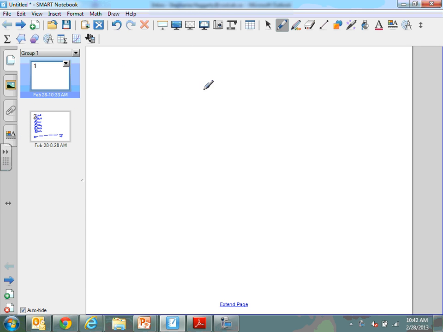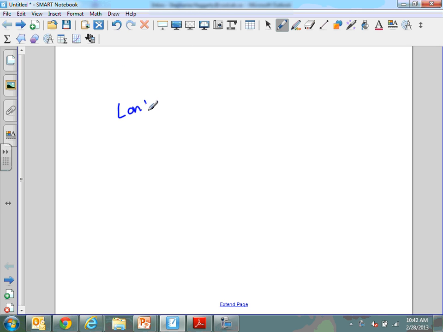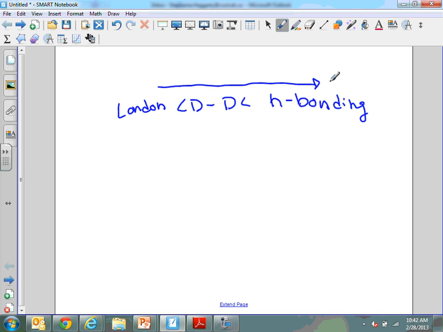So remember, for intermolecular, we've got London, dipole-dipole, and hydrogen bonding. So the increasing strength from London to hydrogen bonding will also increase the boiling point.